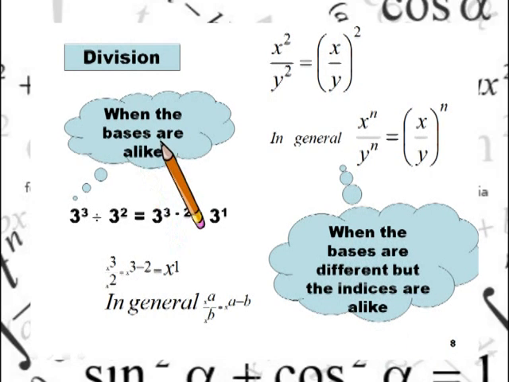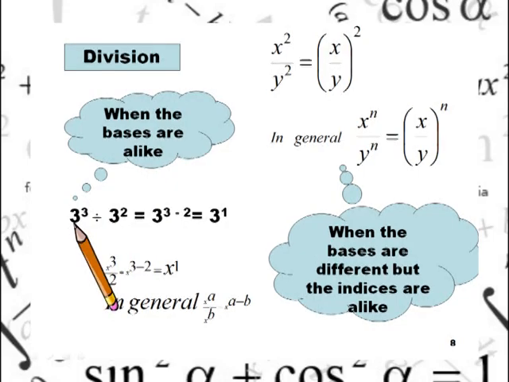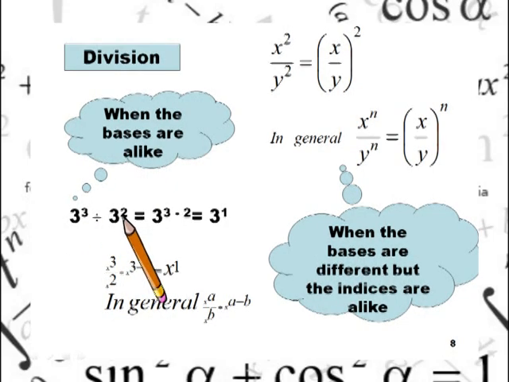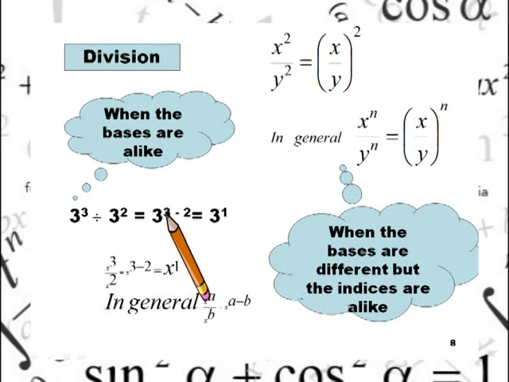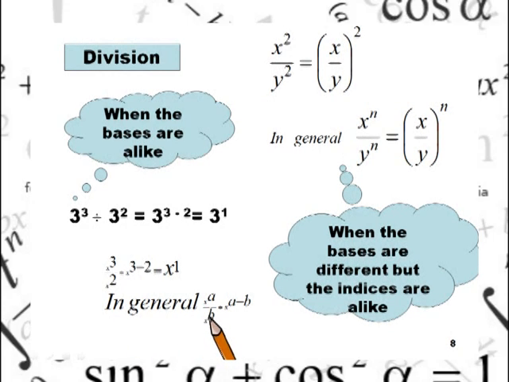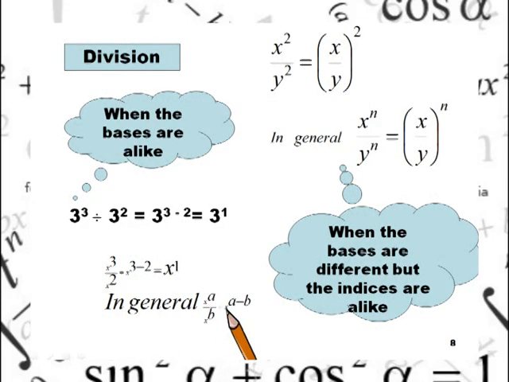When the bases are alike, 3 to the third divided by 3 squared equals 3 to the 3 take 2 equals 3 to the 1. x to the third over x to the second equals x to the 3 take 2 equals x to the 1. In general, x to the a divided by x to the b equals x to the a take b.